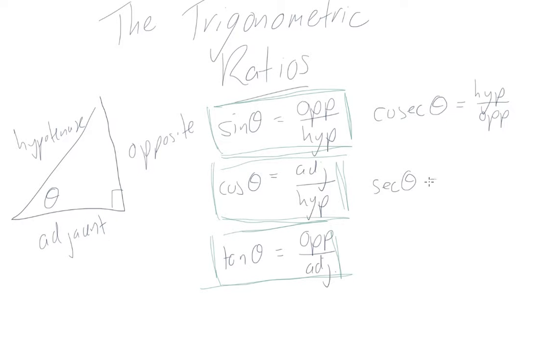Sec theta is hypotenuse over adjacent. And we also have cot, cotangent theta, which is going to be the adjacent over the opposite. Okay, so these three here are all new. You'll need to learn those.